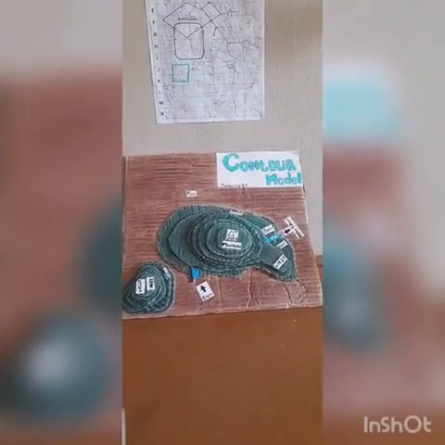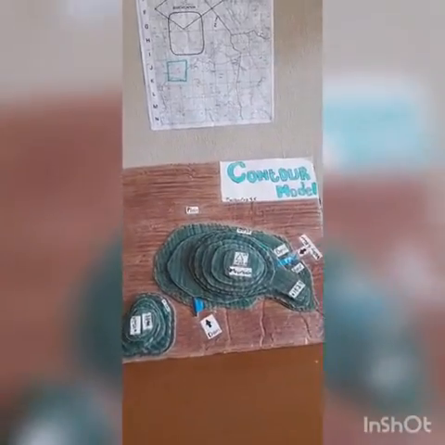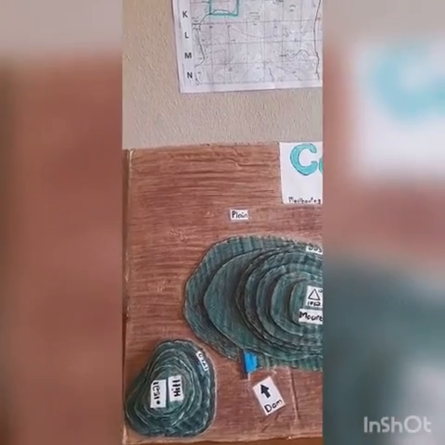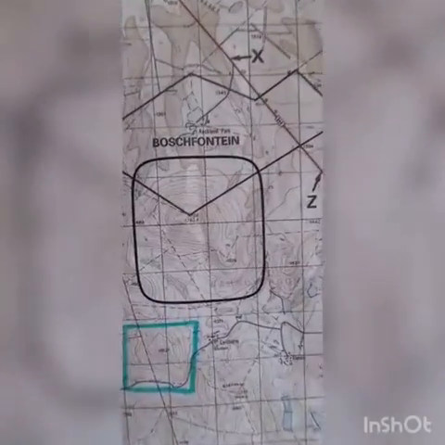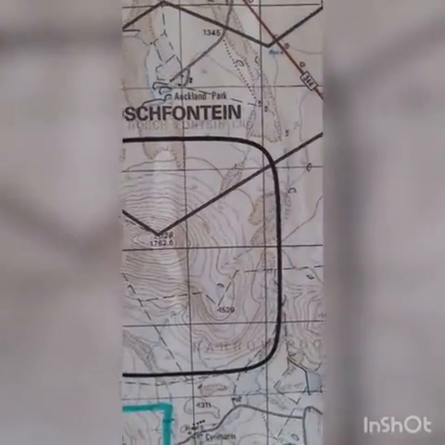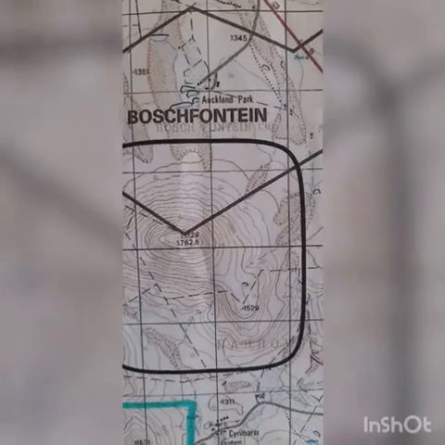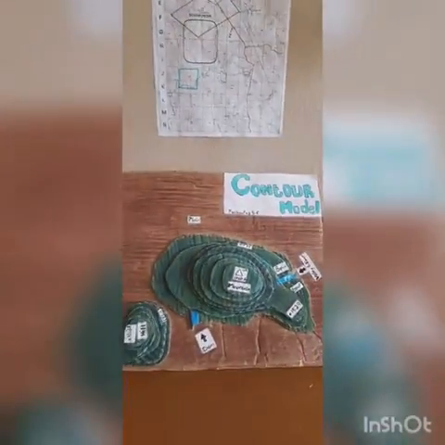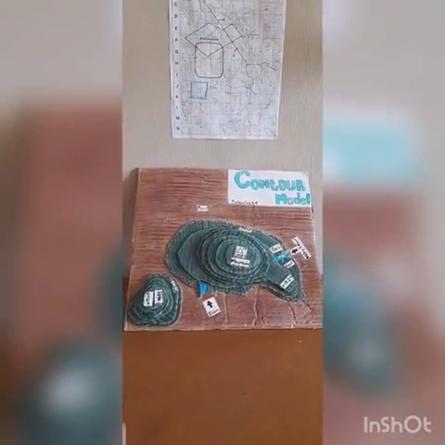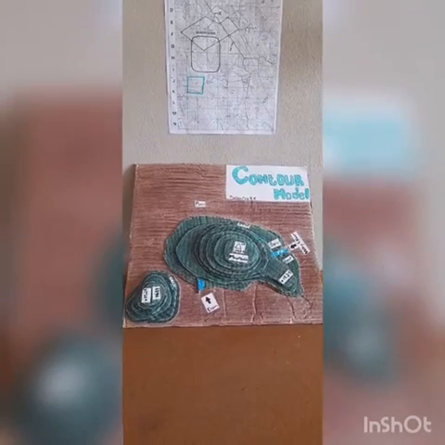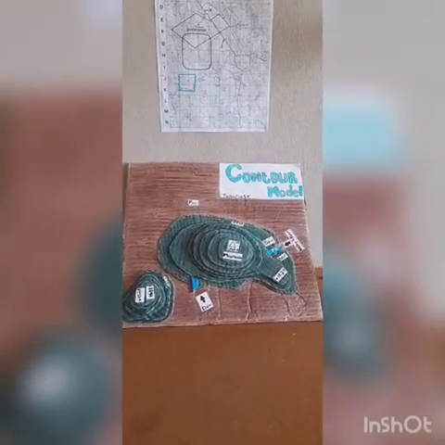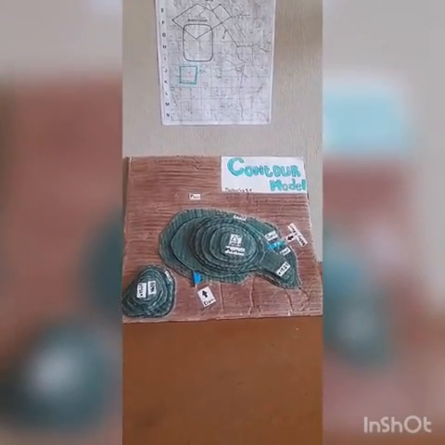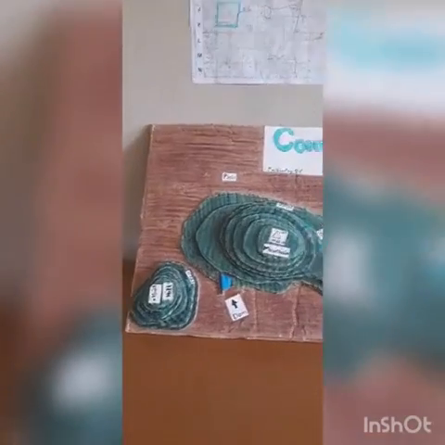Let us again take note, guys, that we also have a plain land over here. This plain land resembles the plain land on our topographical map, which has no contour lines. Bear in mind, geographers, that the numbers linked with the contour lines in our model show the height of the contour line above the Earth's surface.